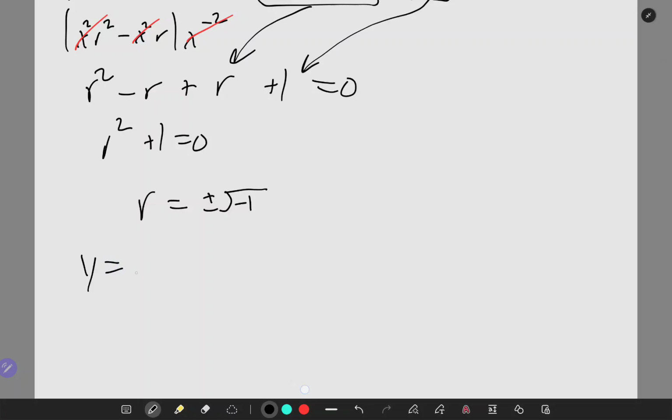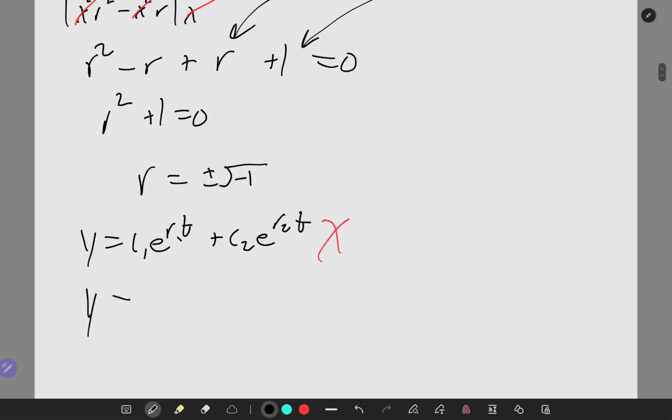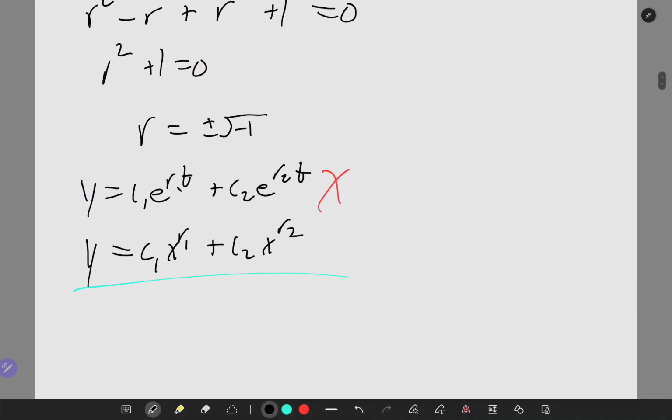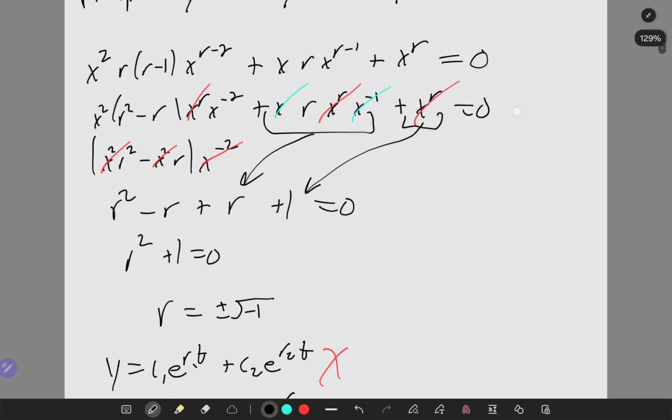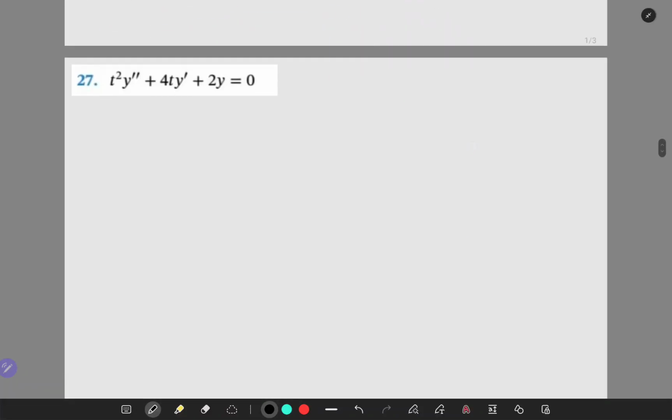Instead of doing this, we're not going to do this. We're going to propose this. Okay? This is our new general solution. This is only applicable to Euler's equations. Okay? So now let's look at some examples.